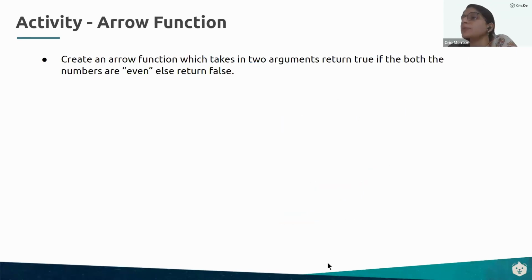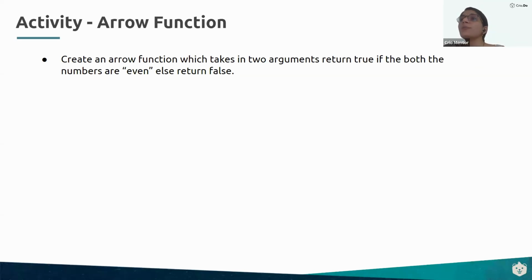Now, I want you to try this activity to be confident of arrow functions. You have to do it on your Replit. Please understand what's the ask here. It says create an arrow function which will take two arguments and return true if both the numbers are even. So if I call your function and give inputs 2, 4, output should be true because both the numbers are even.